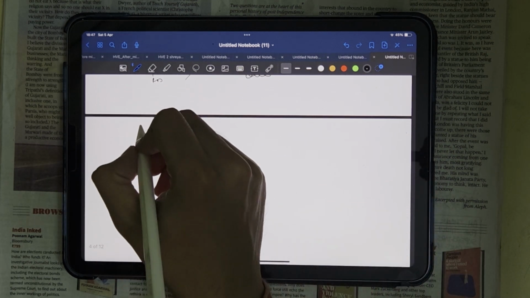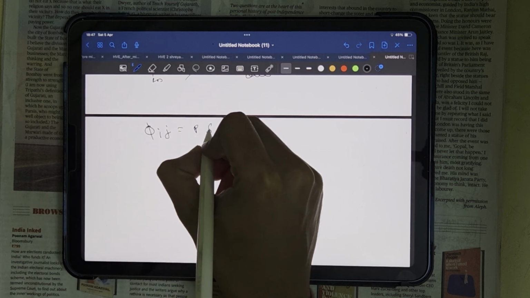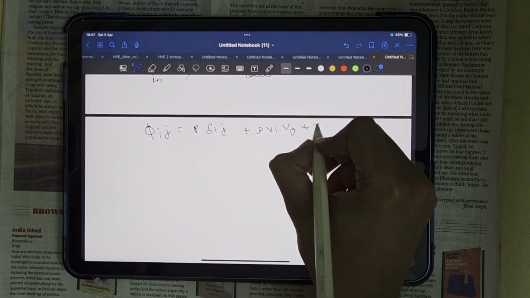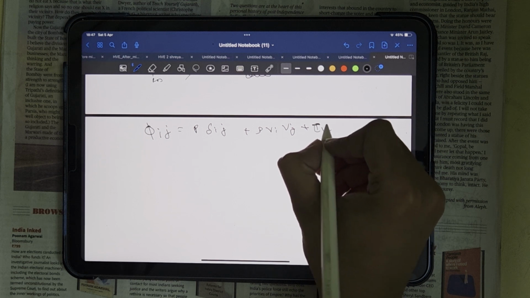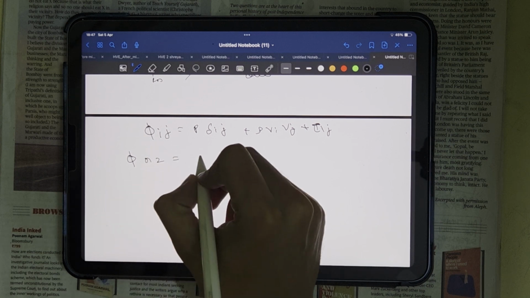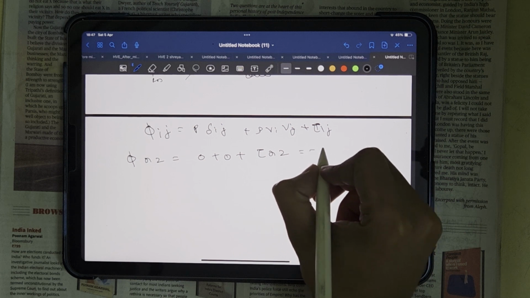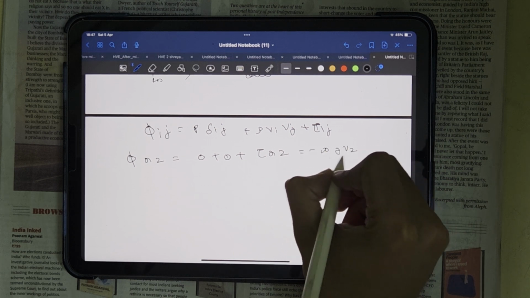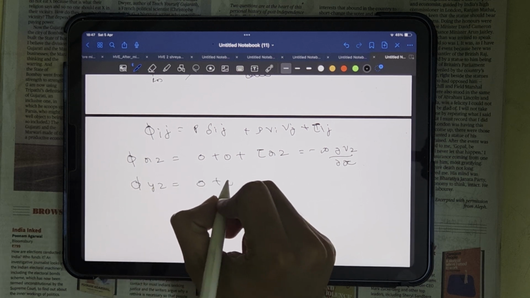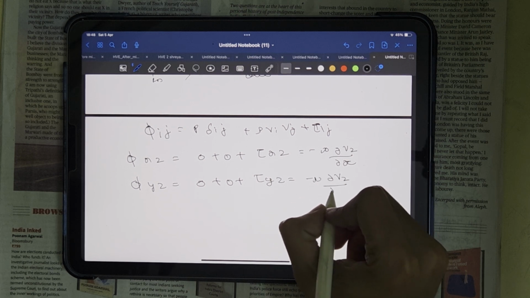So now we will write flux. Equation for flux phi ij is basically rho ij plus rho vi vj plus tau ij. So phi xz will be 0 plus 0 plus tau xz, which is minus mu dou vz by dou x. Phi yz will be 0 plus 0 plus tau yz, which will be minus mu dou vz by dou y.